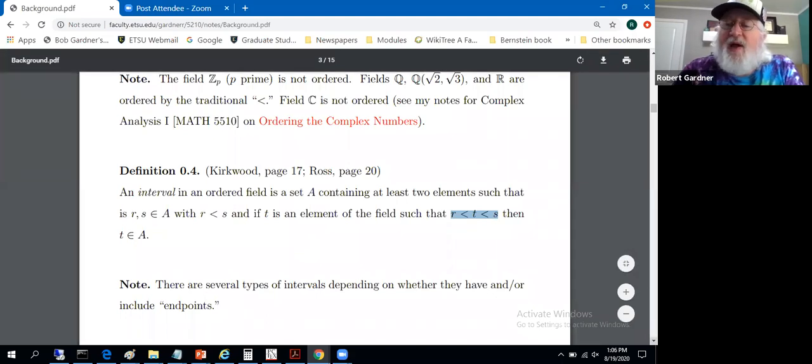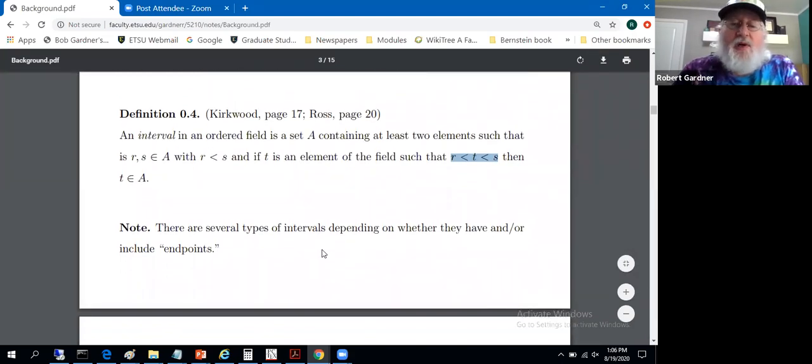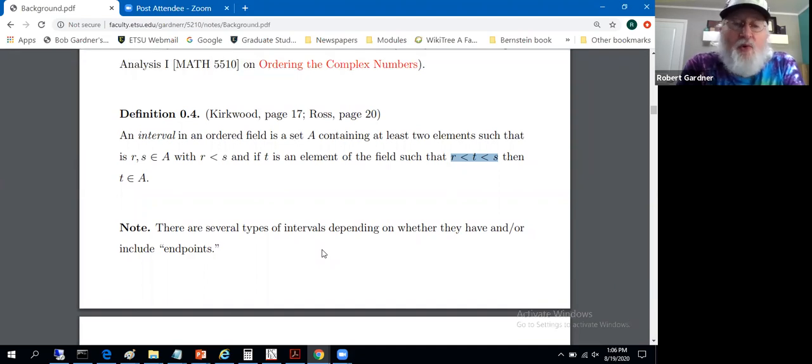We could classify intervals in terms of whether they have endpoints or whether they contain their endpoints. We could have closed and bounded intervals. We could have open and bounded intervals. We could have closed unbounded intervals. We could have open unbounded intervals. We could have half open, half closed intervals.